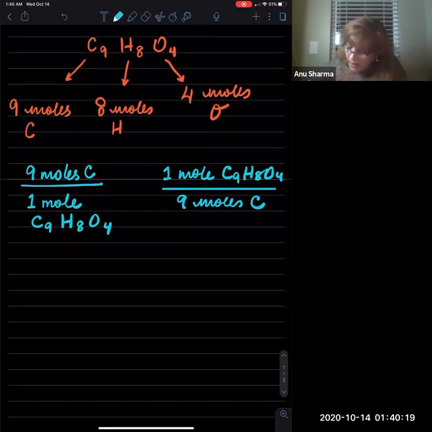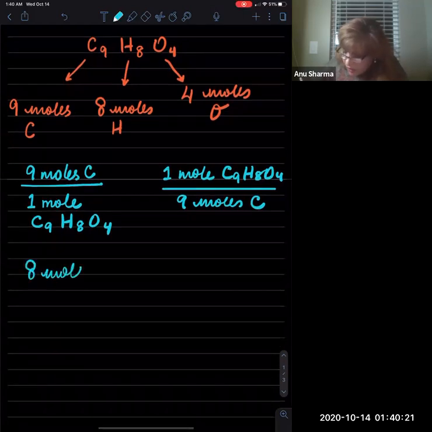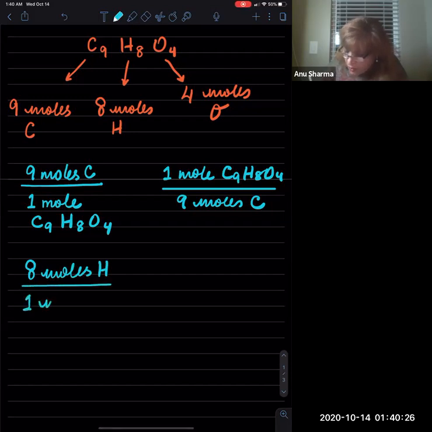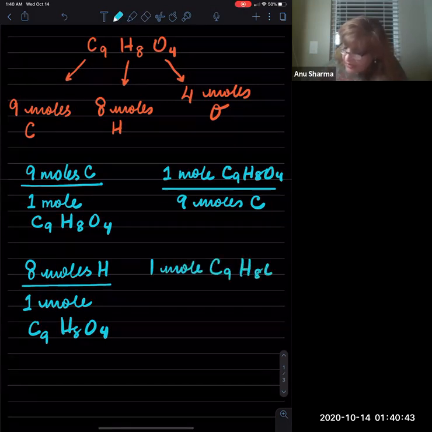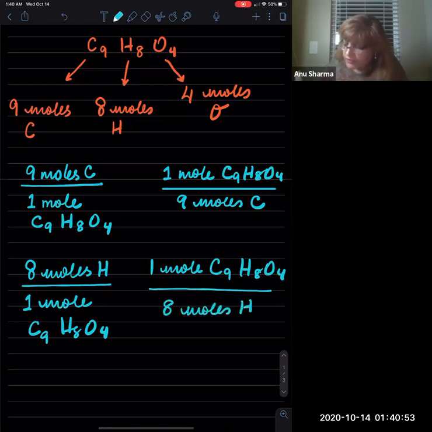Okay, 8 moles of hydrogen are present in 1 mole of C9H8O4, or 1 mole of C9H8O4 contains 8 moles of hydrogen atoms.